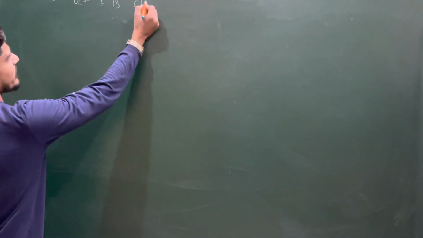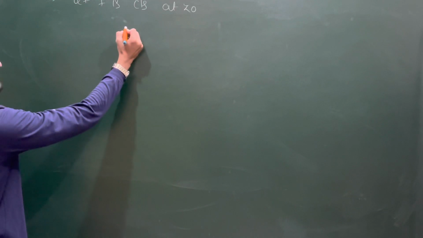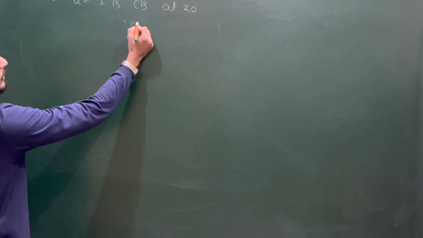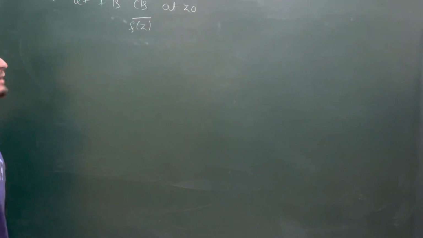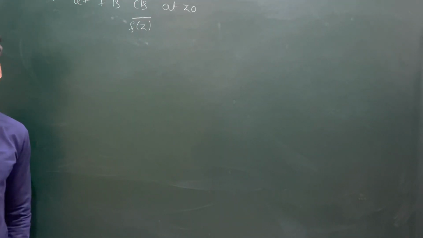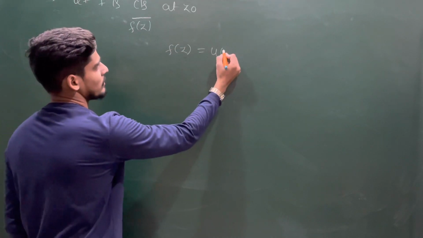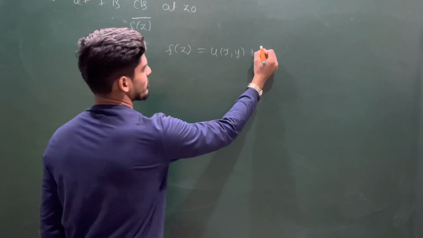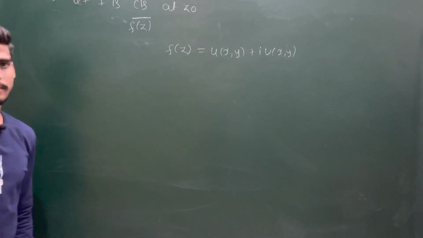Let f be continuous at a point Z0 for some Z0 in the domain D. What can you say about this? f z bar, will it be continuous? The argument is very easy. See, whenever you are saying your f z is continuous, that means your component functions, that means your u and v, are continuous.